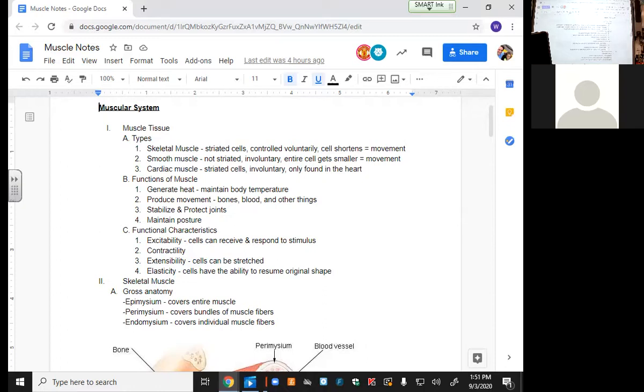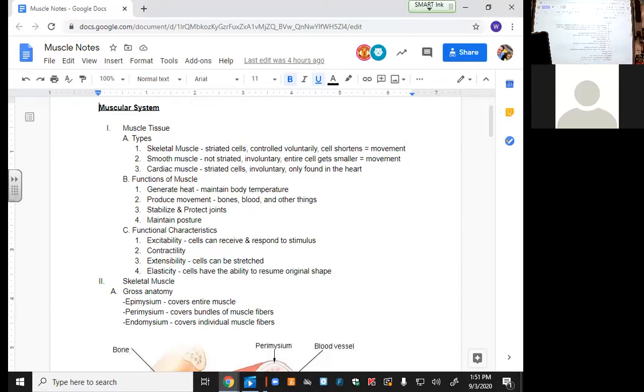So muscles are cells that provide movement. We'll talk about what muscles do in just a second, but your big three types of muscle cells are skeletal muscle, smooth muscle, and cardiac muscle. Skeletal muscle is named skeletal muscle because it's usually attached to a bone. And so we're talking about macroscopic movement.